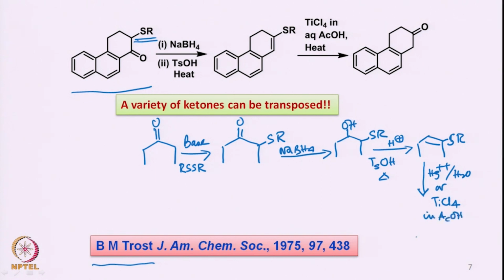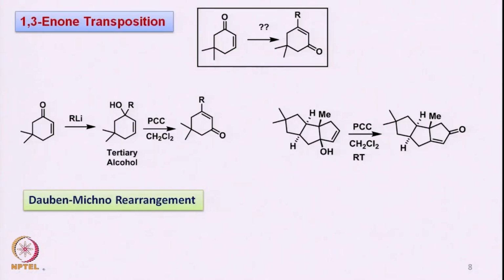So some of the ways by which you can hydrolyze it, and one can go to the corresponding ketone. So this is the method that is also followed. It is relatively easy by simply reduction followed by dehydration and then hydrolysis of the corresponding vinyl sulfide to the corresponding ketone. So this is another method by which one can transpose a ketone to the second position.